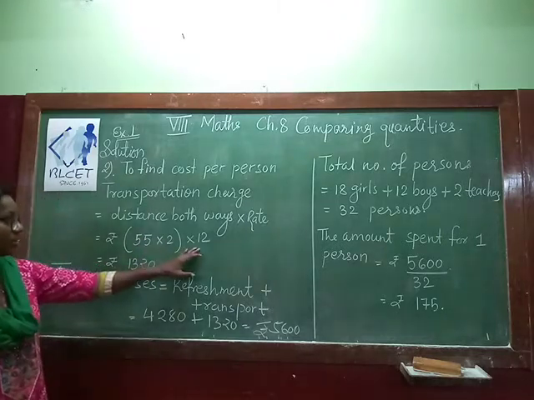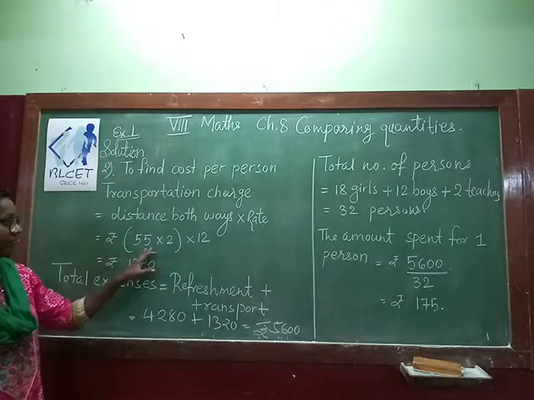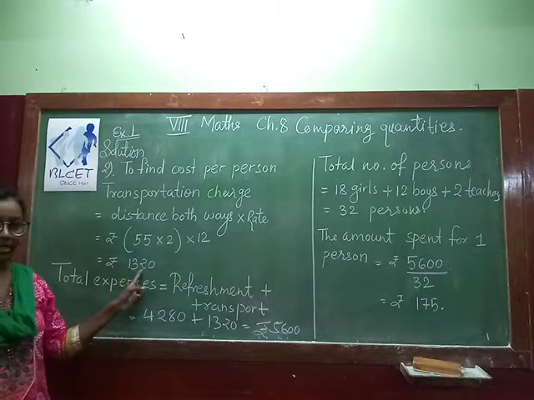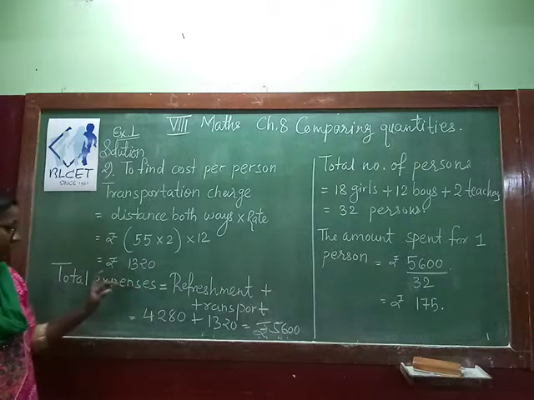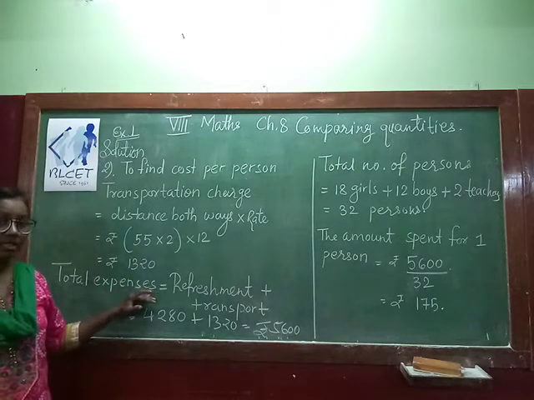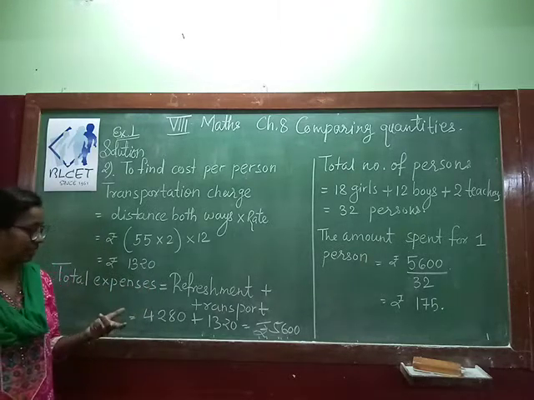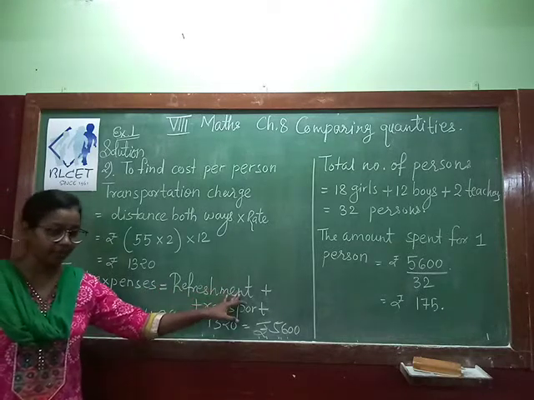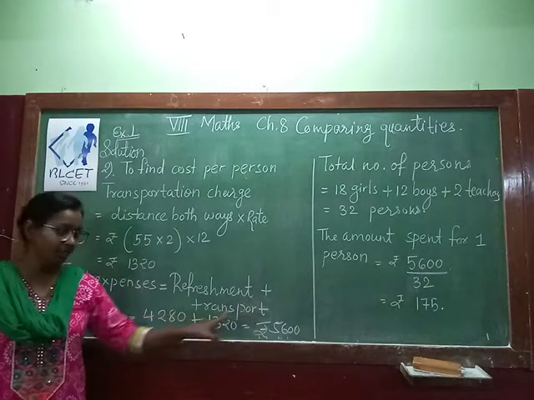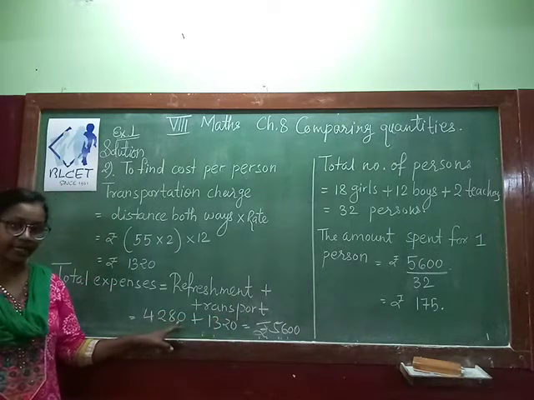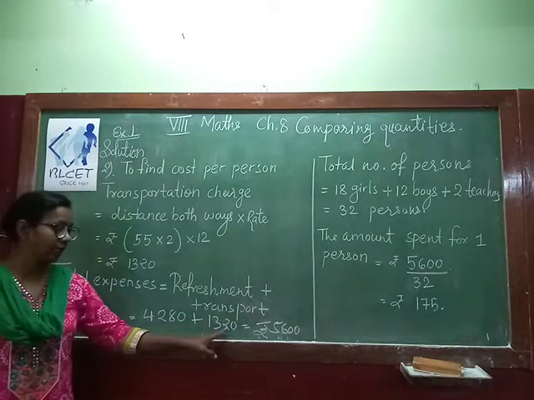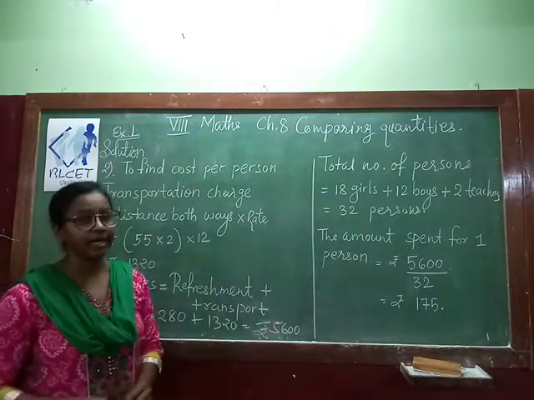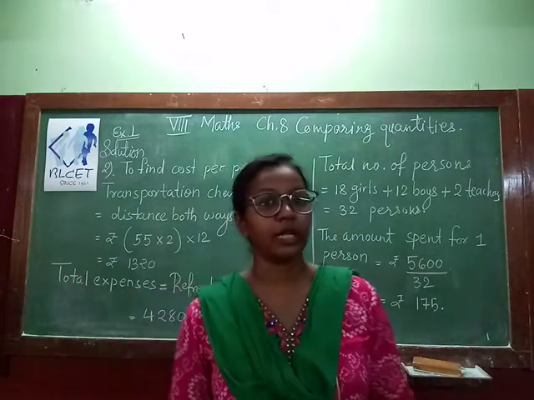So the total rupees you can find by multiplying 55 into 2 into 12, which is 1320. Then the total is 4280 plus 1320 is equal to rupees 5600. This is the total expense for all the persons.